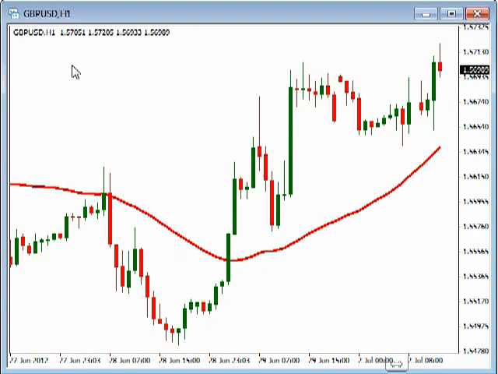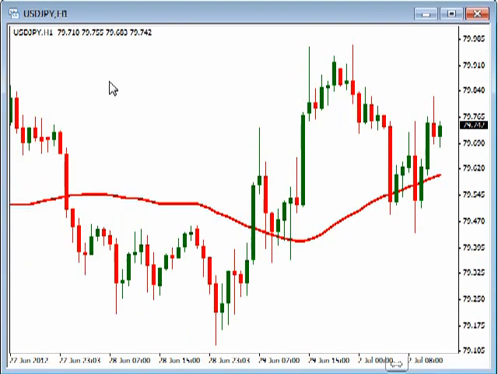Let's take a look at the pound dollar. Pound dollar, we probably missed an opportunity to get in as it pulled back here. But the trend is certainly established to the upside here. Moving average is going up and price is above that. US Japanese yen. Here we have an example of where it did come back to support.